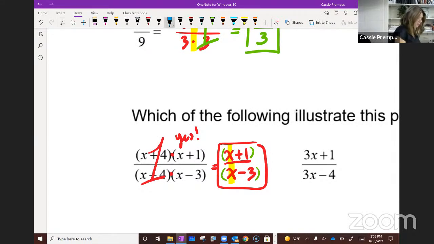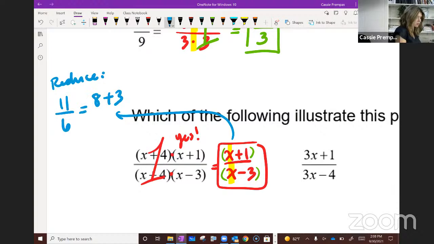Let's take a look at something that represents what this is. Let's say I asked you to reduce or simplify 11 over 6. Can you reduce 11 over 6? No. What if I wrote it like this? 8 plus 3 over 3 plus 3. You might think, oh, there's a 3 and a 3, but can I reduce those?